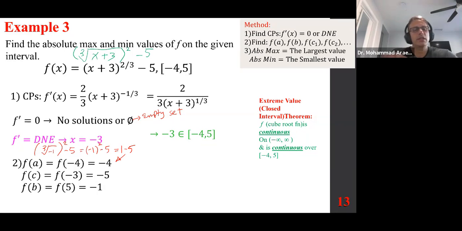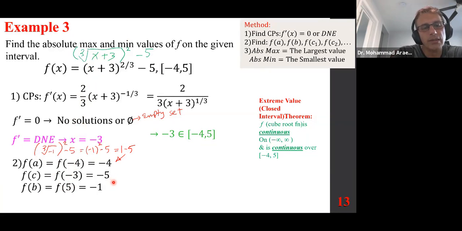I've already explained negative 3, so we have nothing to worry about. Now I'm going to put number 5 into this expression. So that gives me 5 plus 3, which is 8.